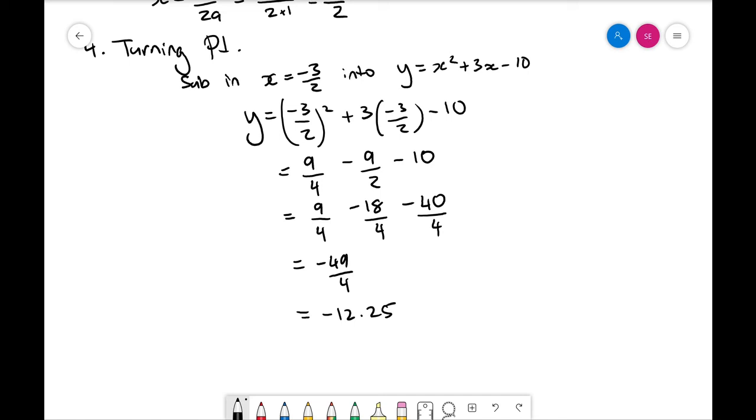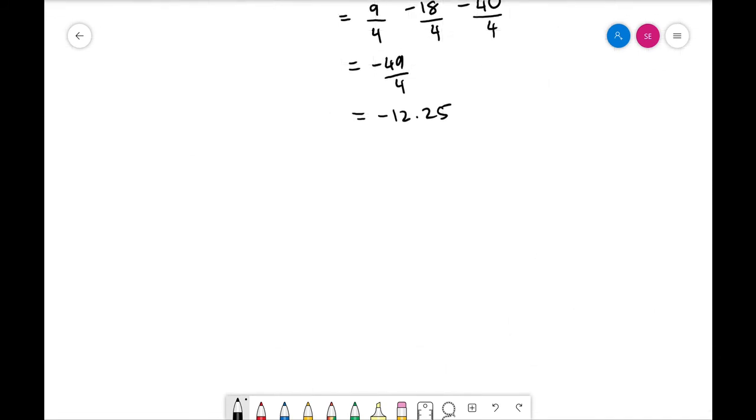Cool. Now let's do 4b. It's the last one we're going to do. Okay. So we've got y is equal to x squared minus 5x plus 4.